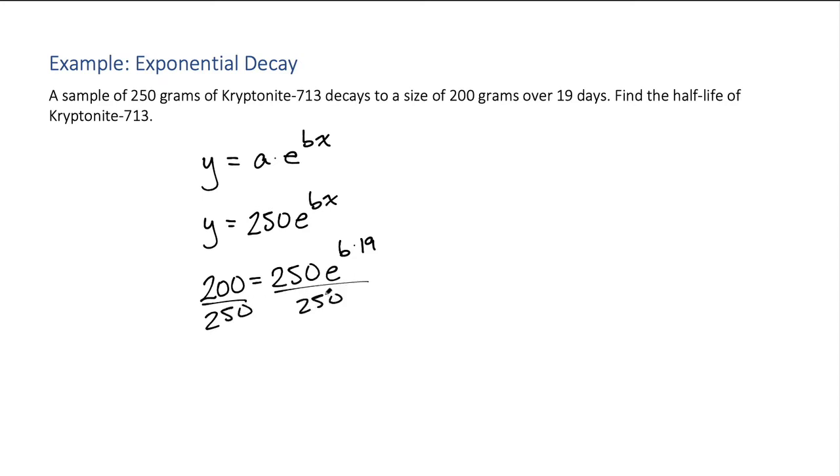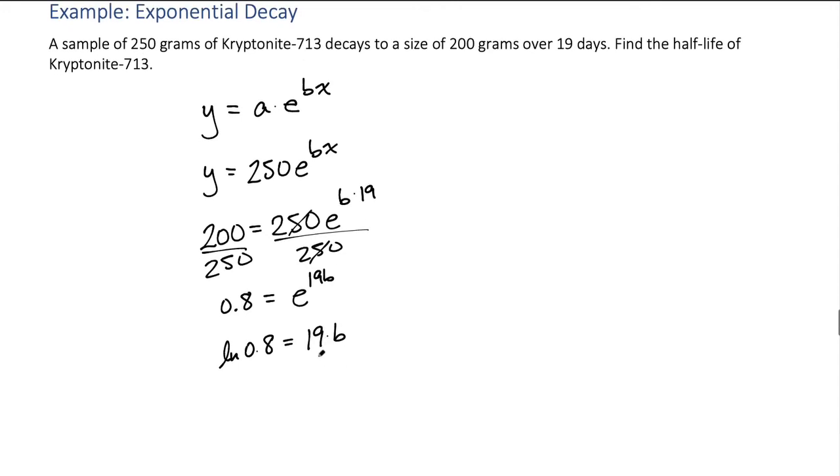And when I do that, this here is 0.8 equals e to the 19b. You can take the natural log of both sides, and we get 19 times b on the right side, and then divide by 19. So the natural log of 0.8 over 19, that's my b.